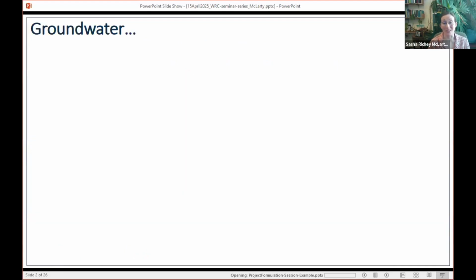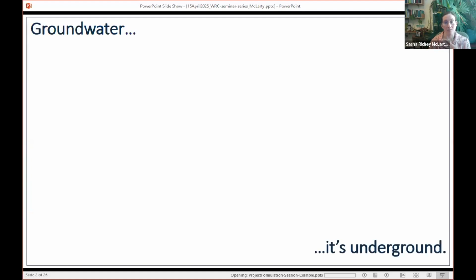Many of you also study groundwater in different ways and with different tools. And so as you all probably know, groundwater is underground, and that has many benefits and also some challenges. And those challenges are particularly apparent when we think about how to use remote sensing observations to study groundwater dynamics.